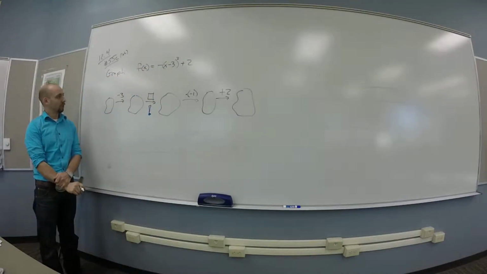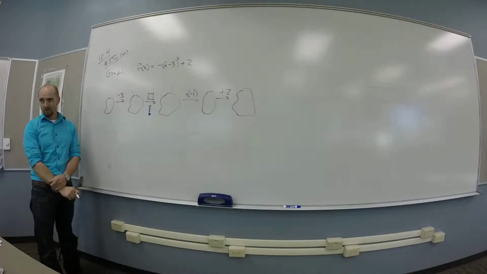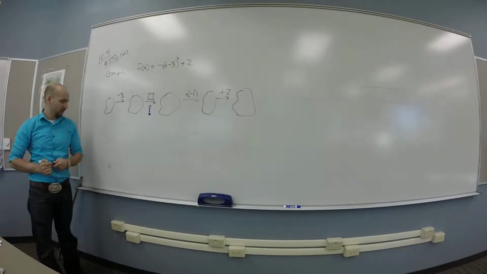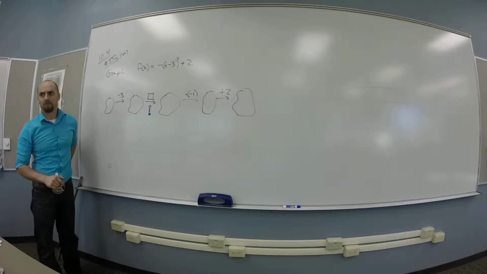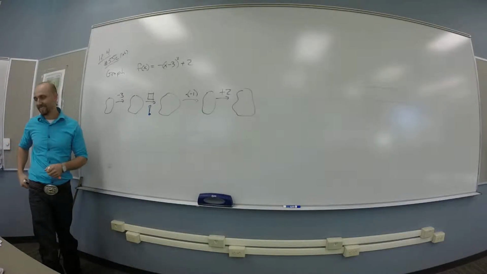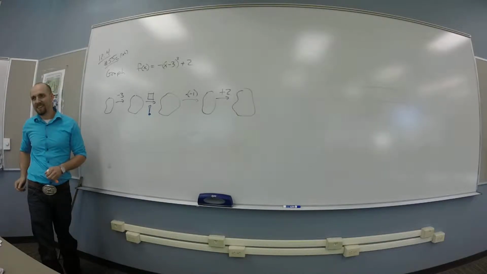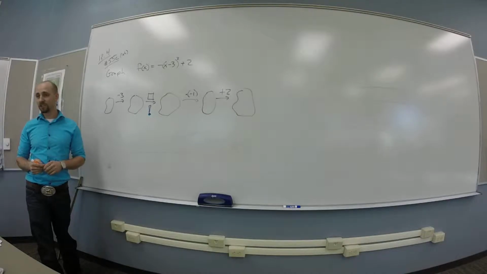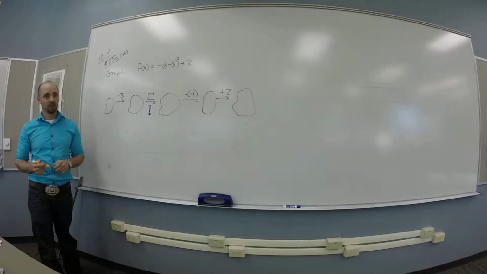Okay, so what about these? Why would I do this? Wait, hang on. What do these mean? They're all shifts. Okay, these are all shifts, and now I can figure out which ones are which.